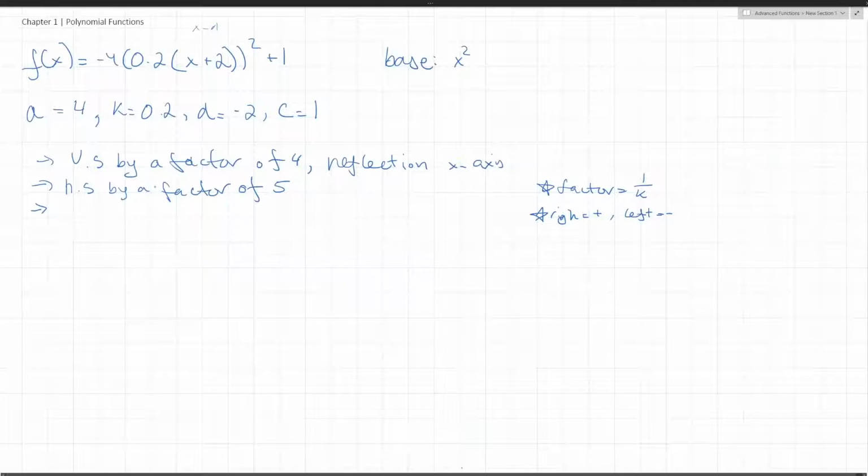Since we have a -2, we have a horizontal translation of 2 units left. And then lastly, we have our c value, which is positive 1. Therefore, we have a vertical translation 1 unit up.